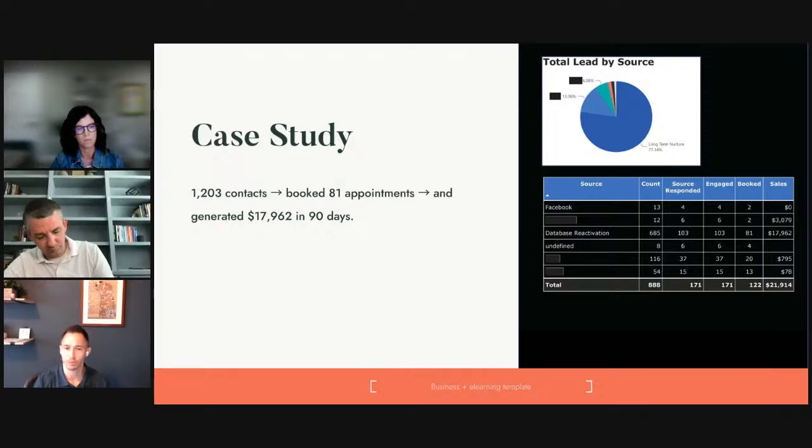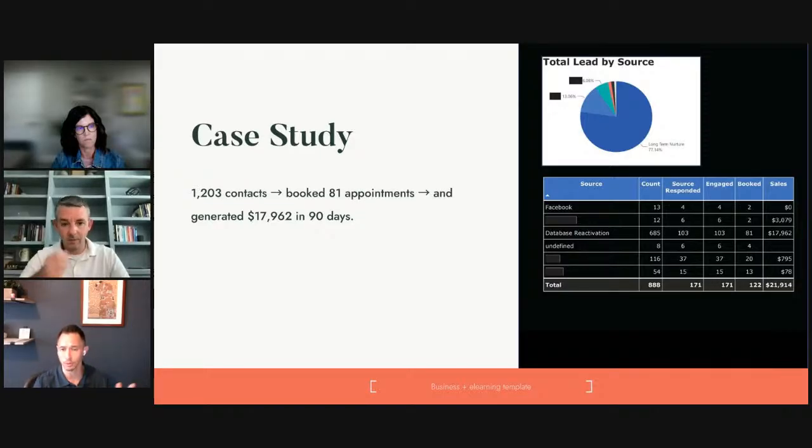Now, I don't want that to be the primary expectation. Again, I want to bring that back to what Josh said earlier, in that segmentation really, really matters here. We're talking about 1,200 people in this database that were very highly segmented and nurtured over the course of 90 days. And so we went at them with an offer that they were very interested in. So that's why we had the high response rate.